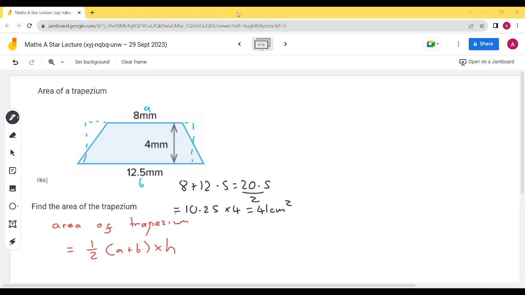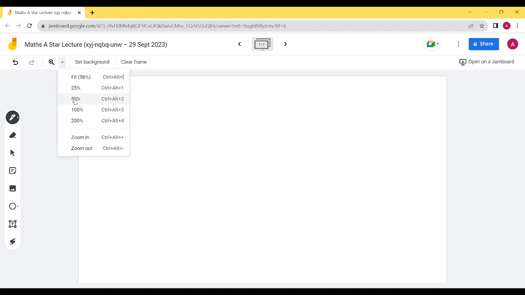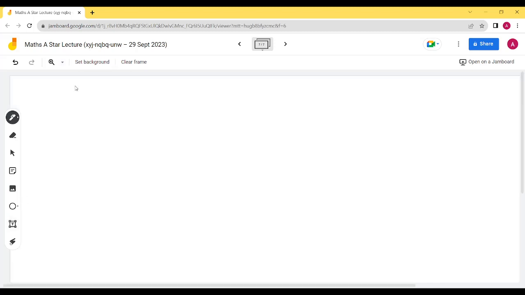Okay, so we're going to move on now and have a little bit of a look at some 3D shapes. We already touched on one 3D shape earlier in terms of volume, but we're just going to look at some random bits to do with it.